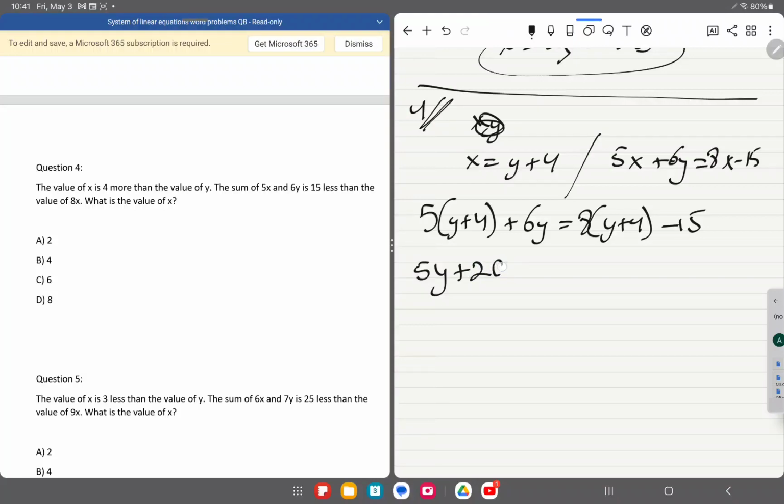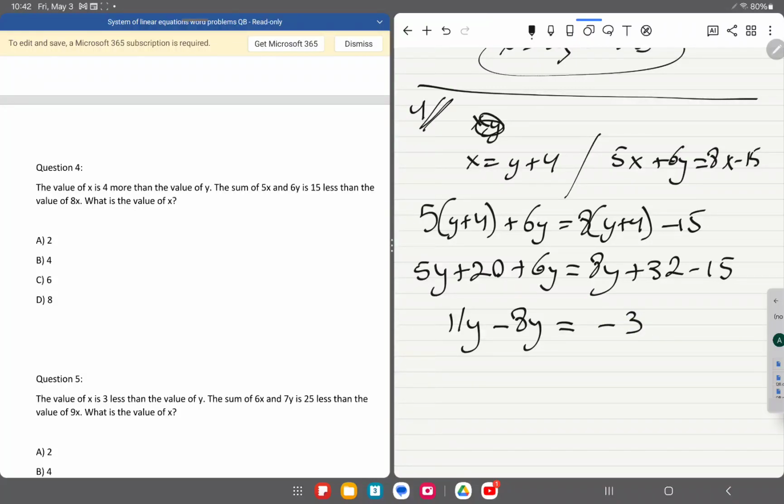So 5y plus 20 plus 6y is equals to 8y plus 32 minus 15. So 11y minus 8y is equals to minus 3.